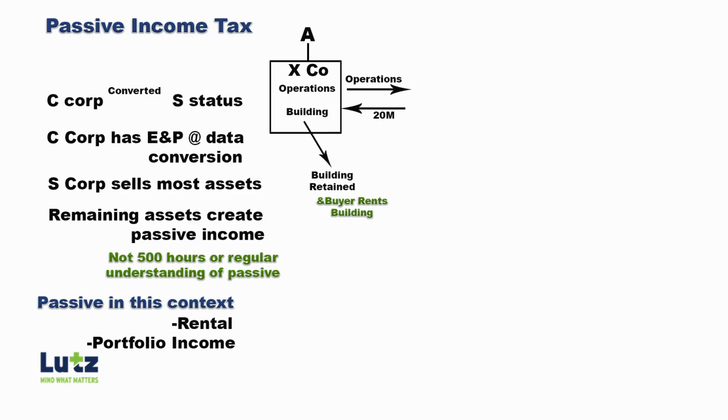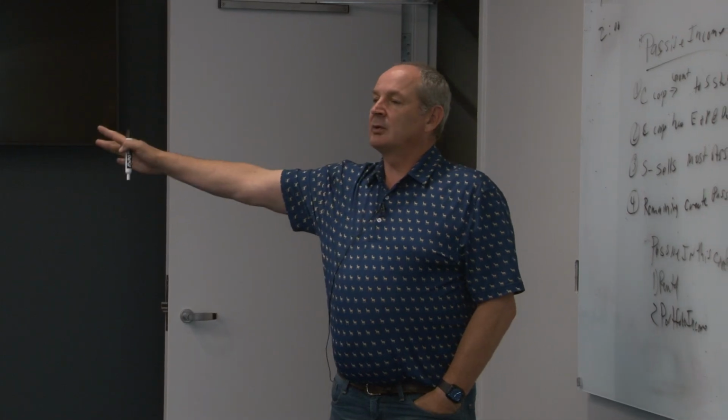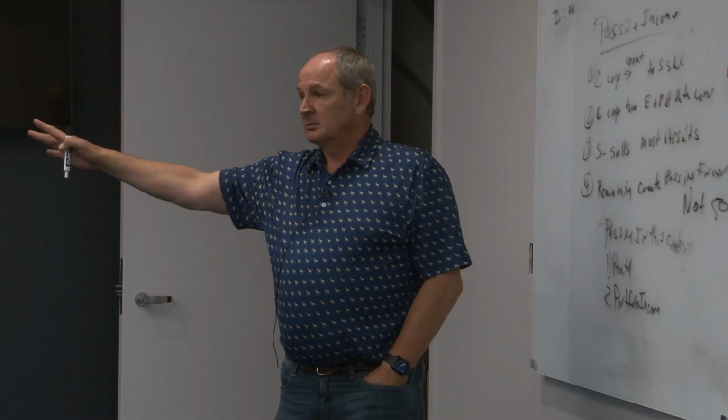So if all these things are true, then the passive income tax applies. It's more complicated, and the calculation is in here, and my give-a-shit level on going over the real calculation is zero.